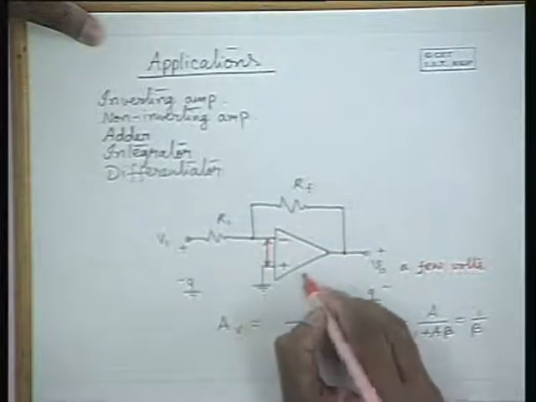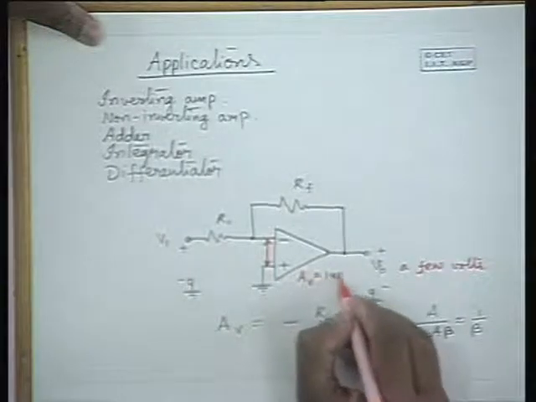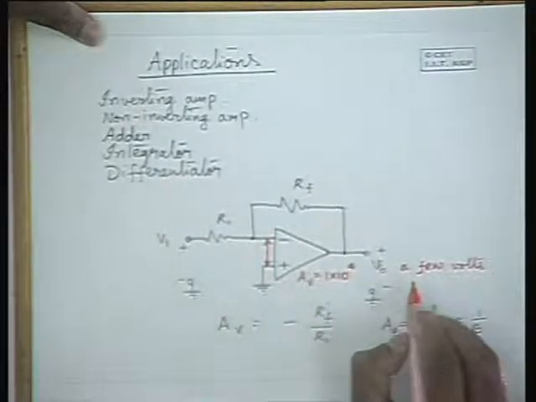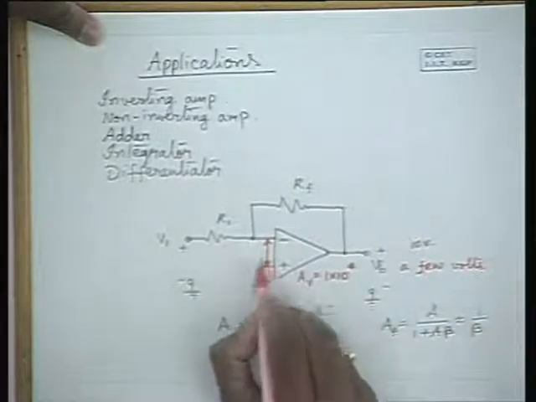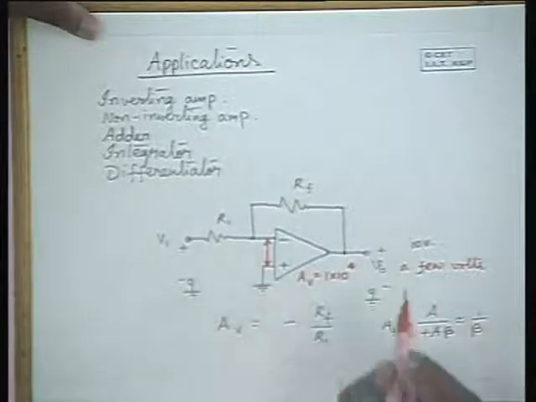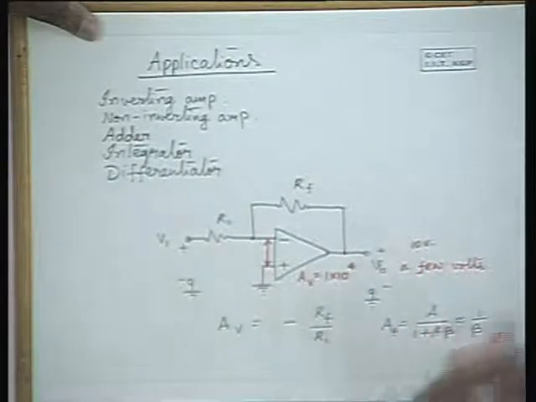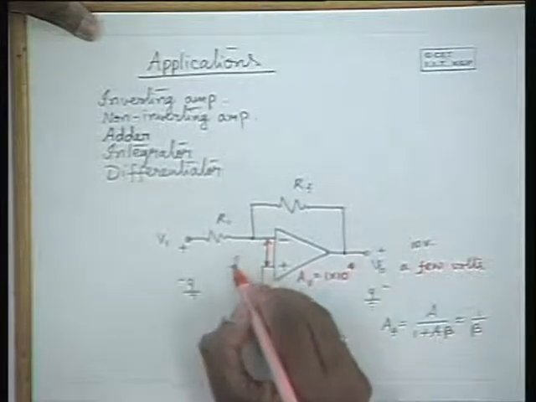As an example, consider a gain of 10 to the power of 4 and an output of 10 volts. What is the input voltage you expect at the input terminals of the op amp? If the gain is 10 to the power of 4 and the output voltage is 10 volts, it is 1 millivolt.